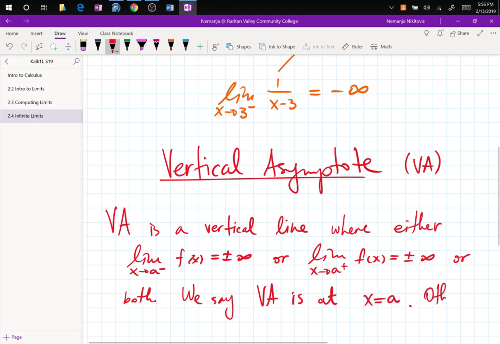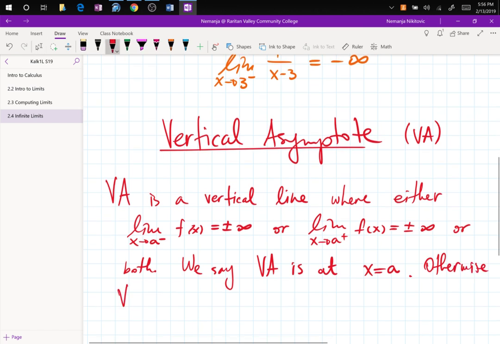Otherwise, the VA does not exist, and you are looking into an open circle or something else.